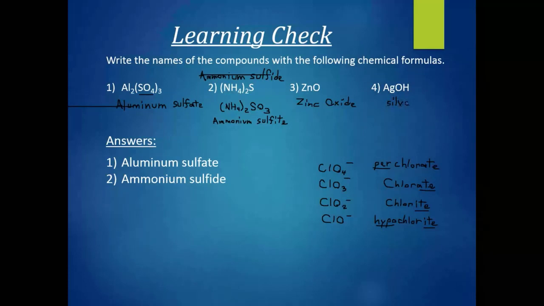You're close. Silver what? OH is hydroxide. That's one of those polyatomic ions. Silver hydroxide. You did. There you go. Zinc oxide and silver hydroxide. Well done. That's exactly right.